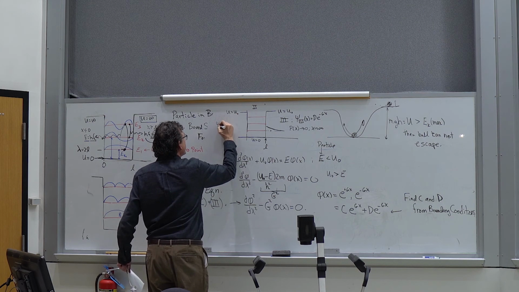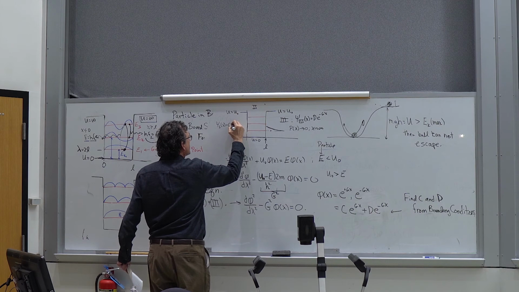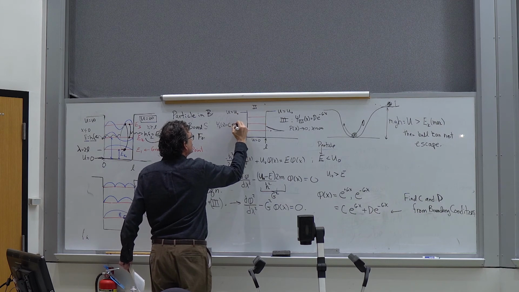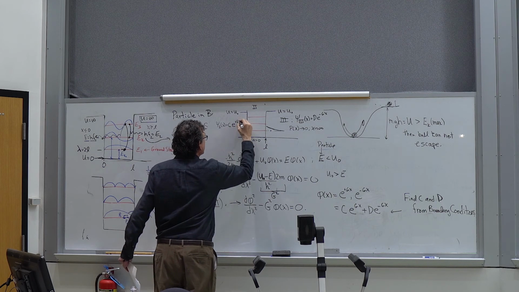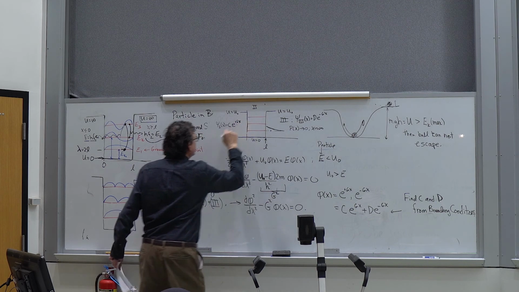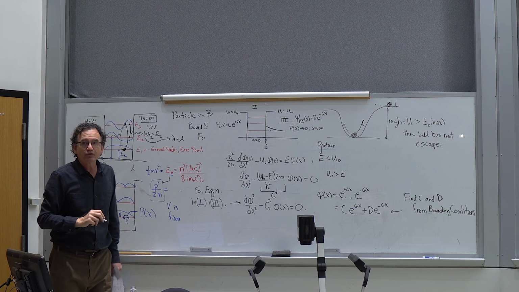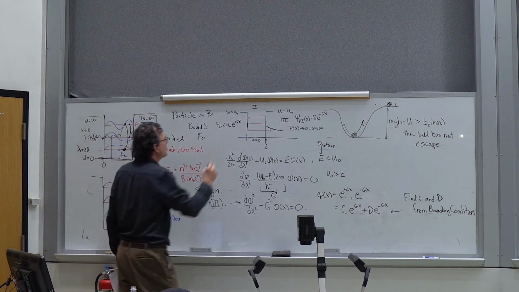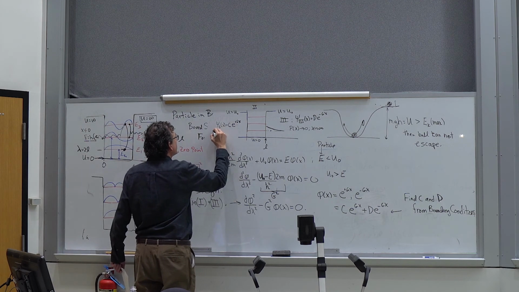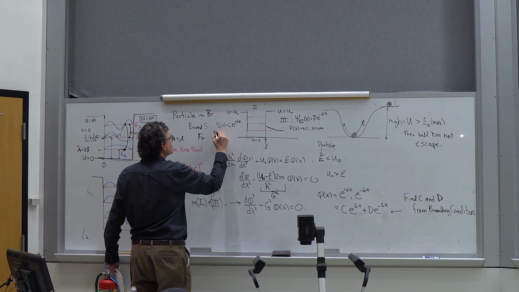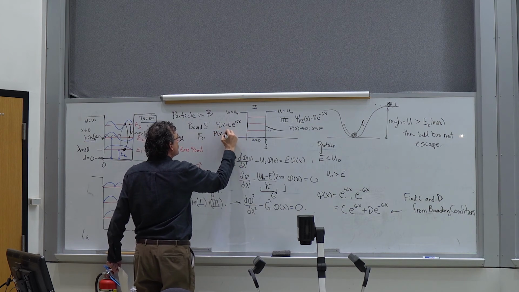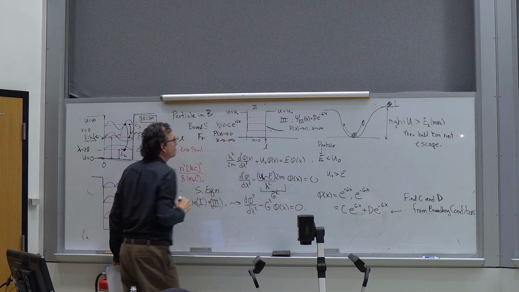So phi 1 of x is going to be equal to C times e to the plus gx. So as x goes to minus infinity, e to the gx goes to 0. So this will also have to satisfy the condition that the probability, which is the function squared of x, goes to 0 as x goes to negative infinity.